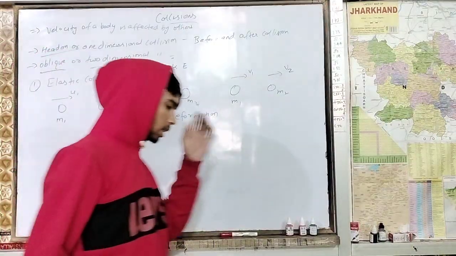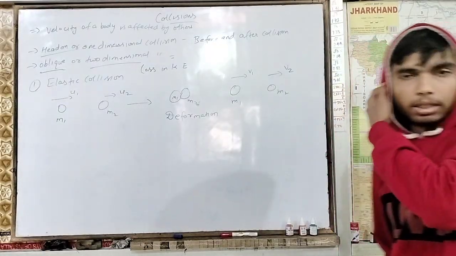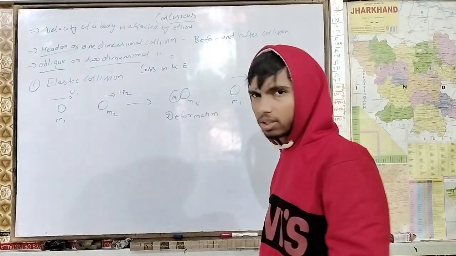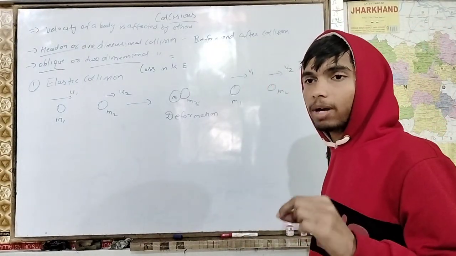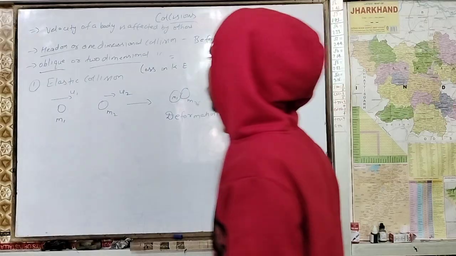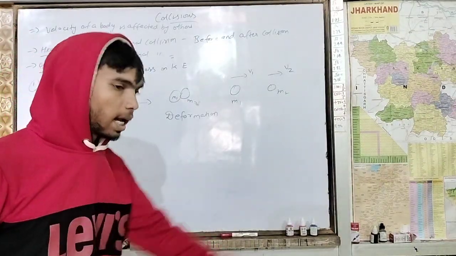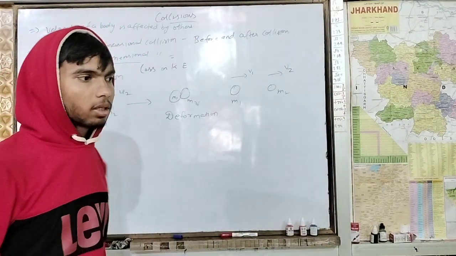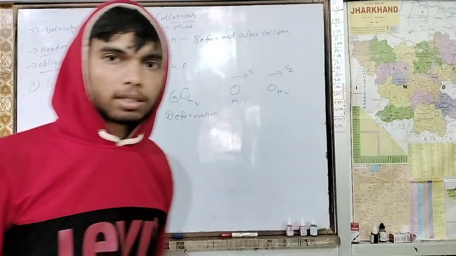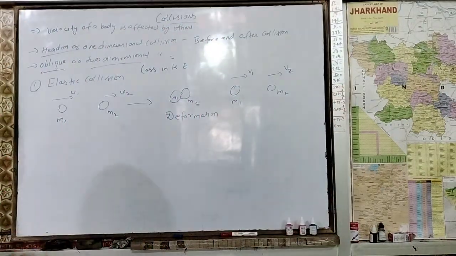Try to understand. When two bodies are coming with some velocity, and after collision the velocities are something else than before, that will be our elastic collision.